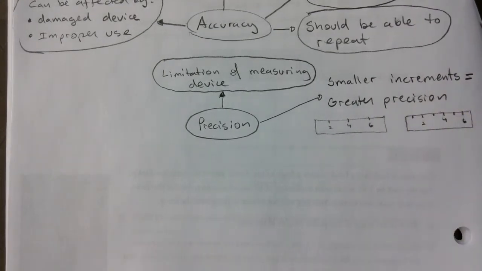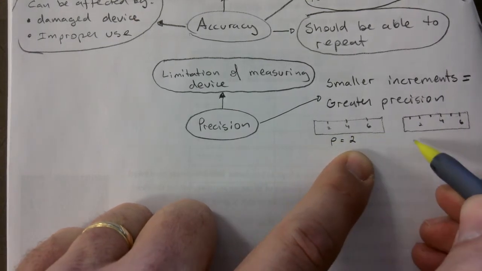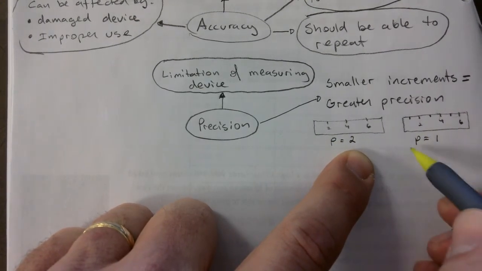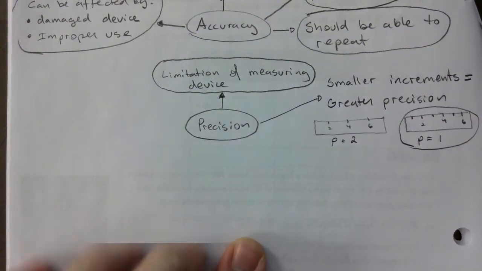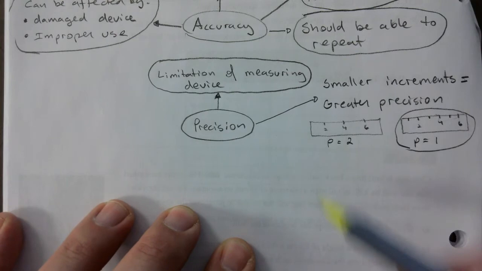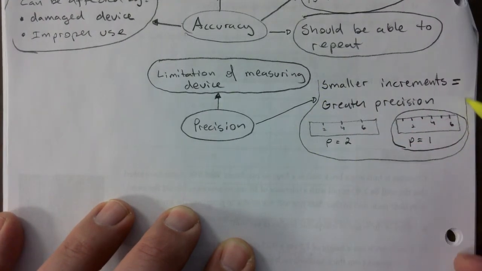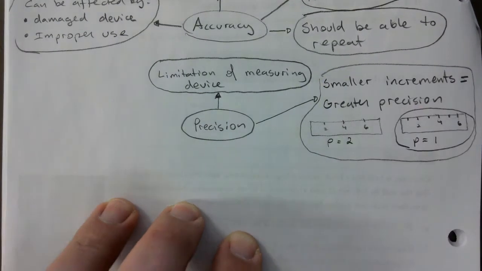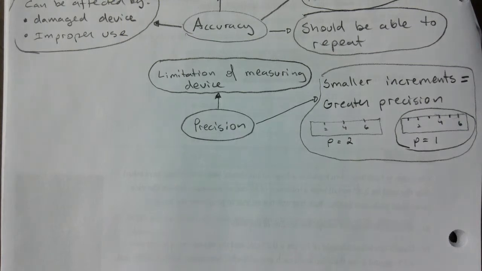And remember, these markings are done by the factory, right? So they tell you exactly where halfway is. This has a precision of 2. This has a precision of 1. So this one would win. Okay? Just a cheesy example there. So precision is there.